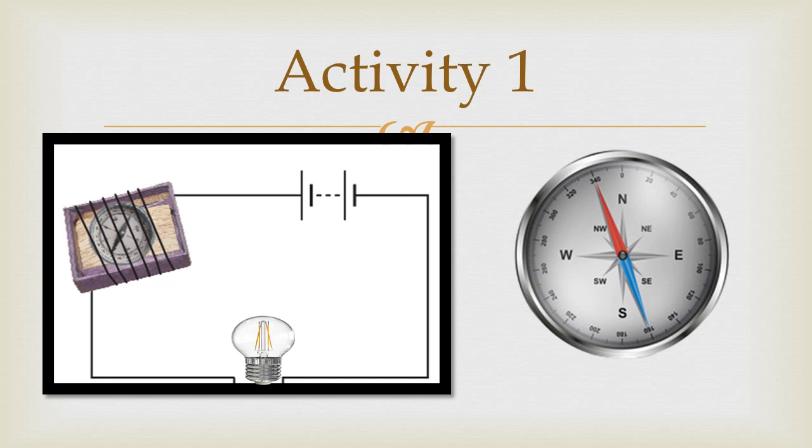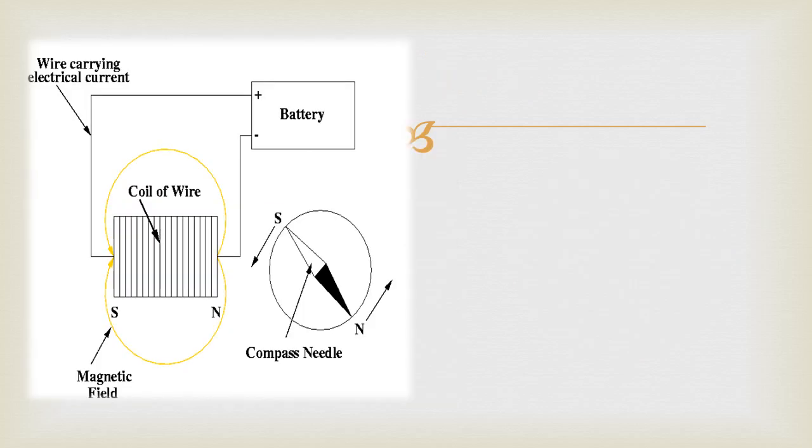Mark the position of the magnetic needle. Take a bar magnet near to the magnetic needle. What do you observe? Students, keep looking at the needle and close the plug key. The bulb will light up and you will realize that the current has started flowing.